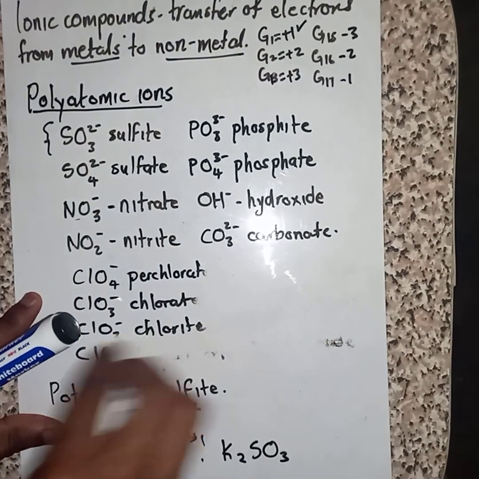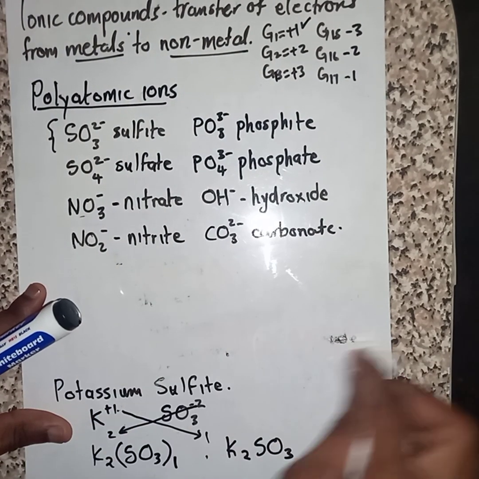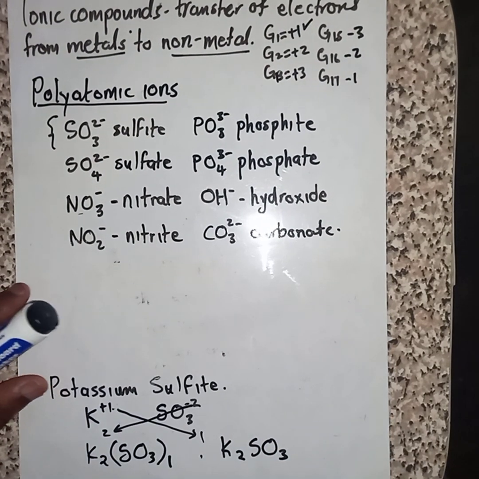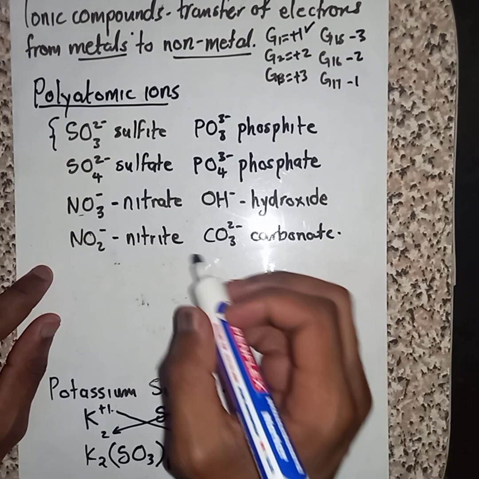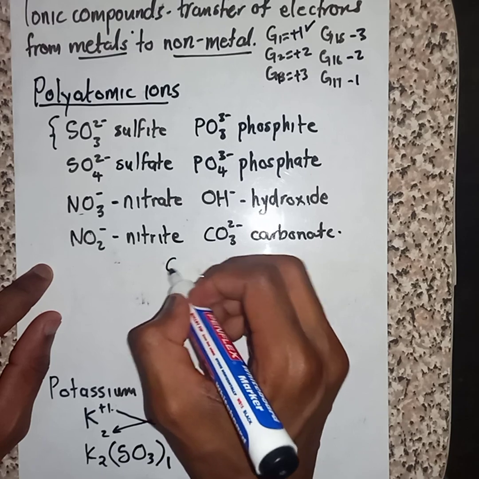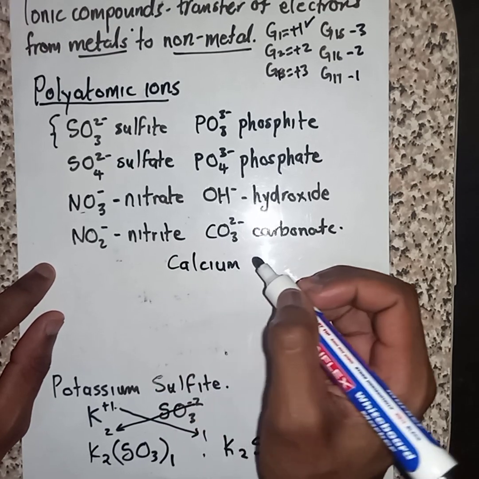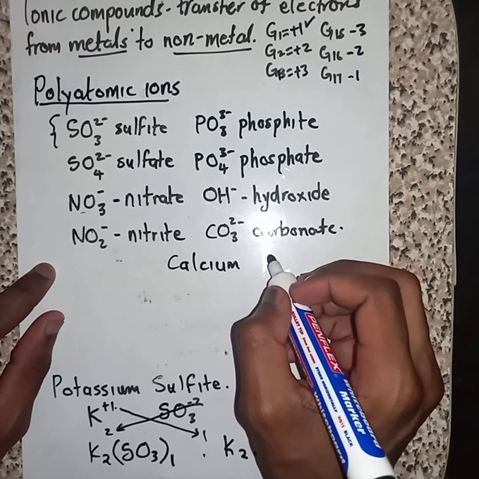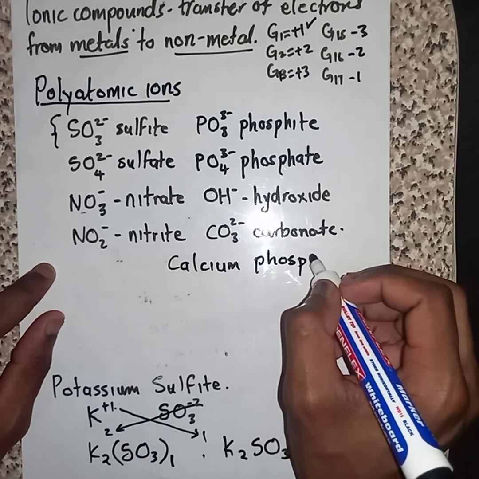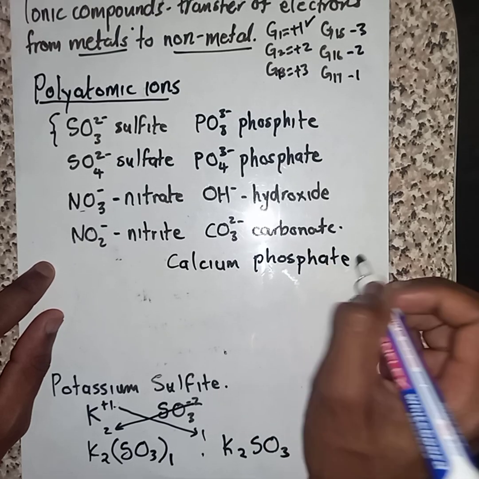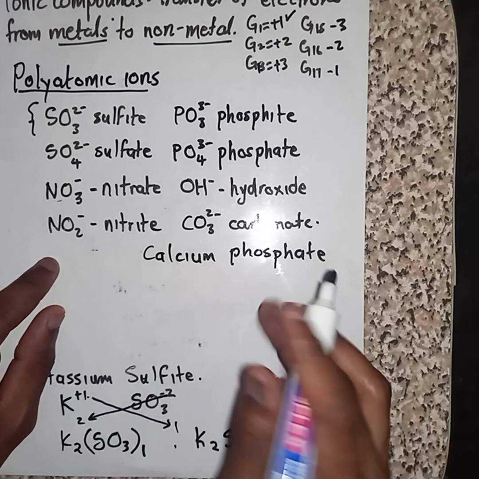Suppose they give me calcium phosphate. How then are we going to write the chemical formula of calcium phosphate?